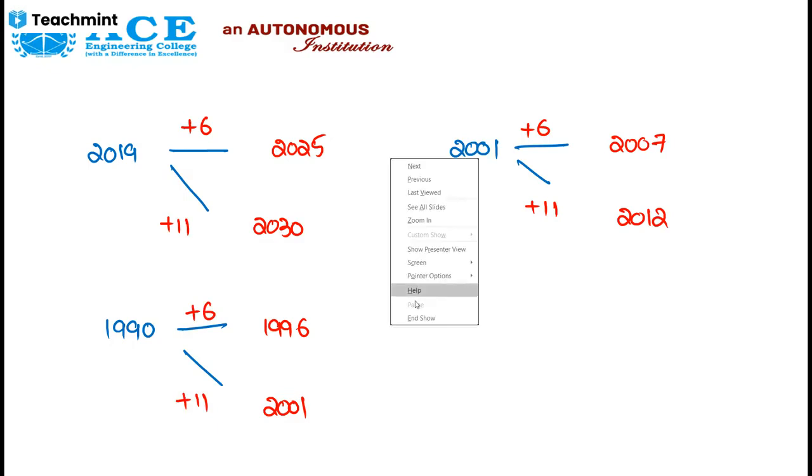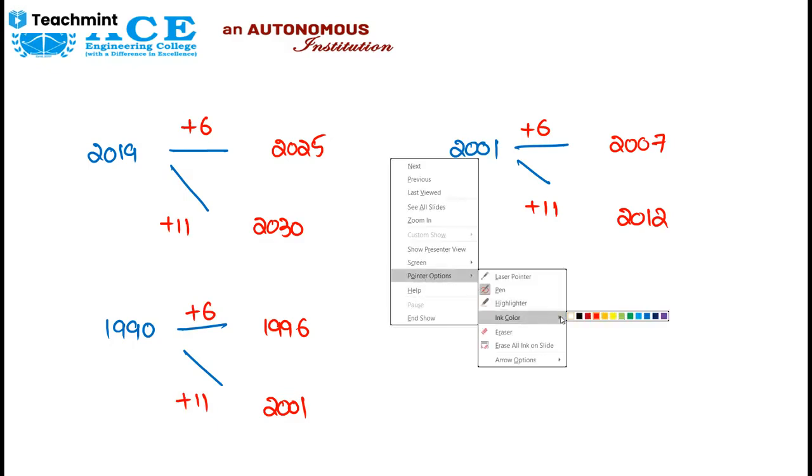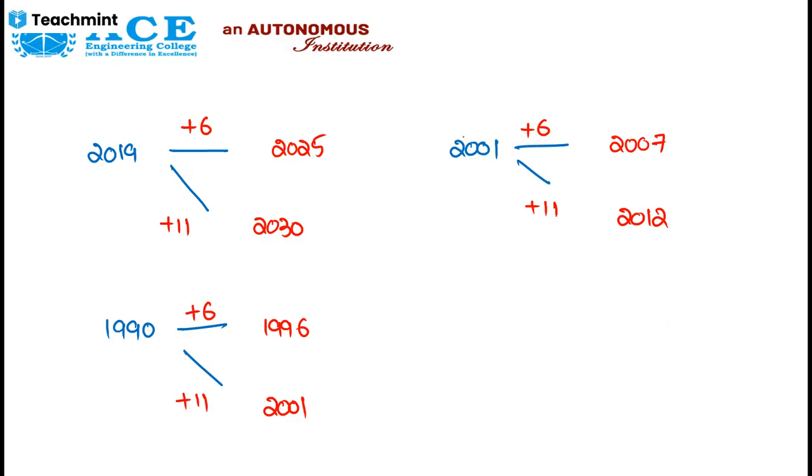Now see, for a non-leap year, we should get a non-leap year only. 2001 is a non-leap year. 2012 is a leap year, not acceptable. Directly I can say the answer is 2007. 1990 is a non-leap year. 1996 is a leap year, not acceptable. 2001 is a non-leap year. These two I did +6 +11.